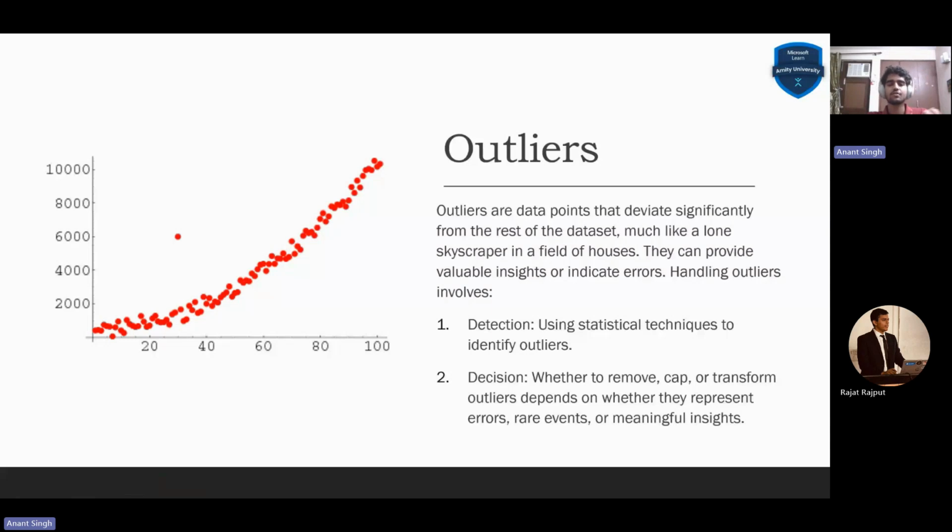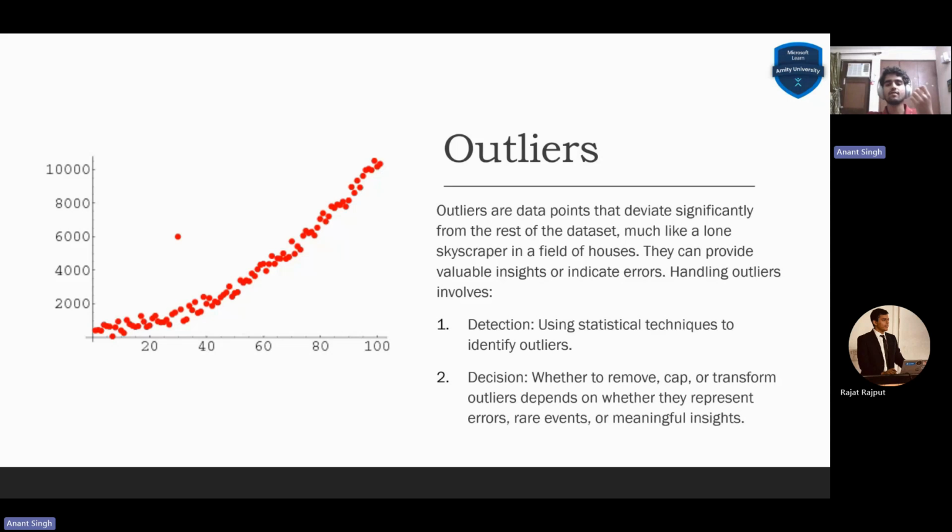You do not want that. So outliers are data points that deviate significantly from the rest of the data set, much like a lone skyscraper or a very tall building in a field of houses. You'll be thinking that this is a house society, and then from far away you suddenly see a very tall building, and you'll think that this is a suburb, a building kind of area, right? So you do not want that to happen. You want to focus on the houses themselves.